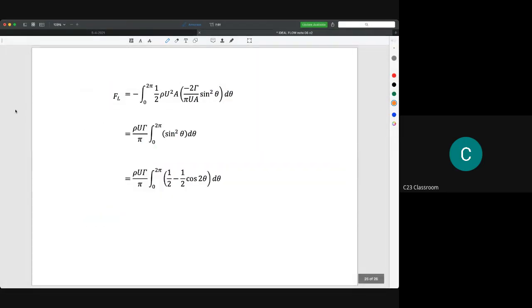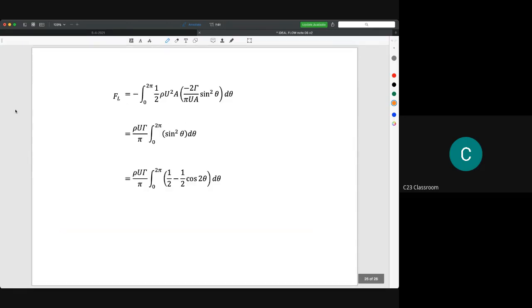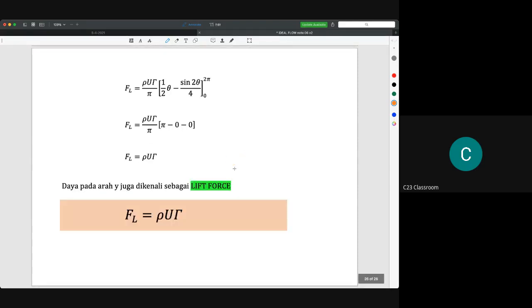Okay, seterusnya kita mengira lift force di sini. Sama juga, kita masukkan nilai yang sama di sini. Kita melakukan pengiraan, kita kamirkan kepada sin 2 theta dan kita dapat nilai ini, dan akhirnya kalau kita masukkan nilai, kita boleh dapat nilai FL adalah sama dengan rho U gamma.